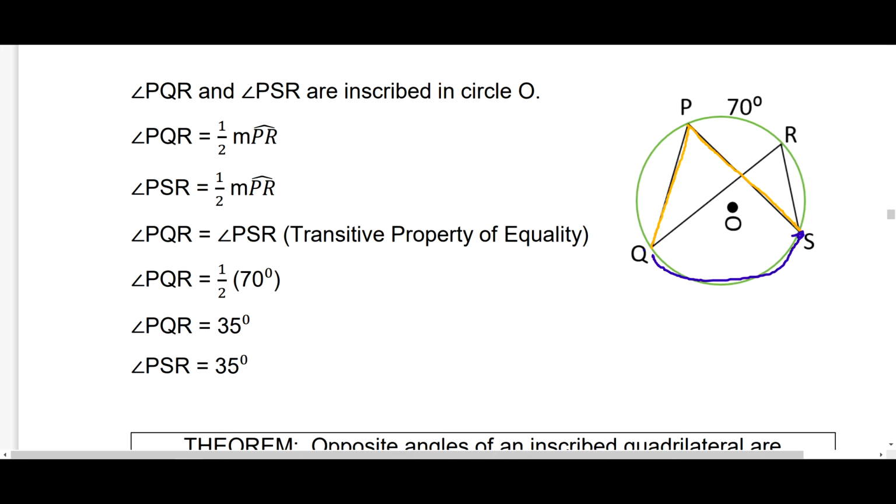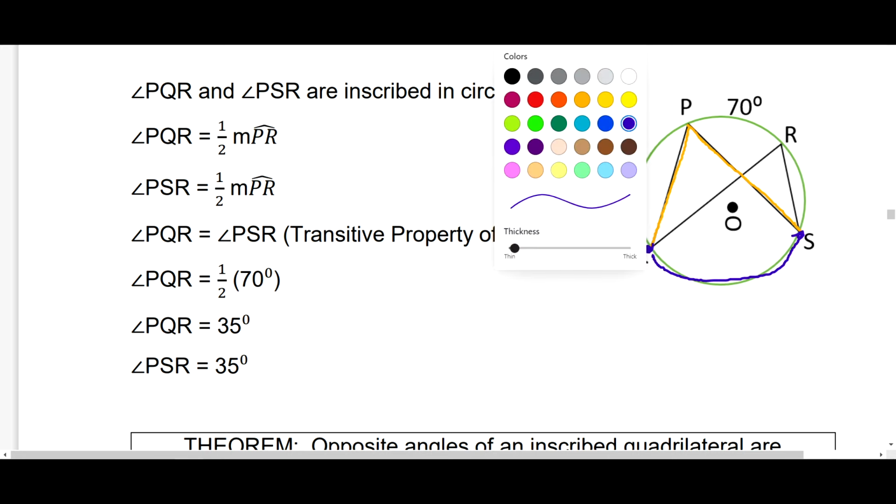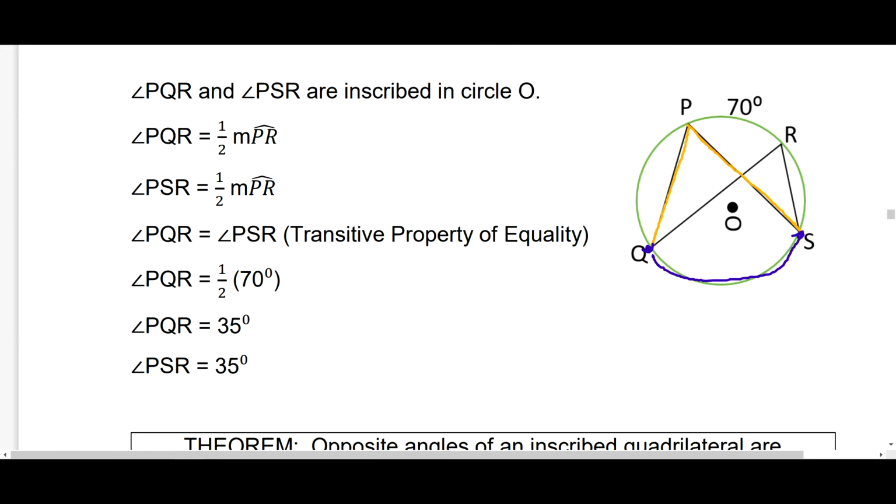Next naman. Etong si QRS. Sino ini-intercept niya? Yun pa din, si arc SQ. Ibig sabihin, parehas yung measurement ni angle P and angle R.